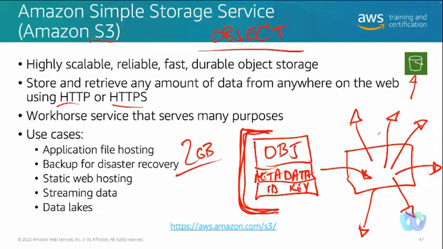So it's good for application file hosting, for backup and disaster recovery. Yes. You could easily send your backups there. So if you need to recover that data, it's available on S3. You don't plan on modifying that data constantly, but if need be, you can recover that data. You can read from it. So it's cheaper than EBS.